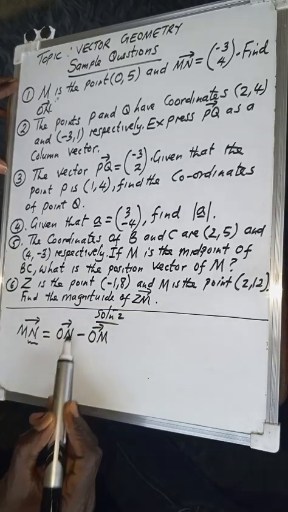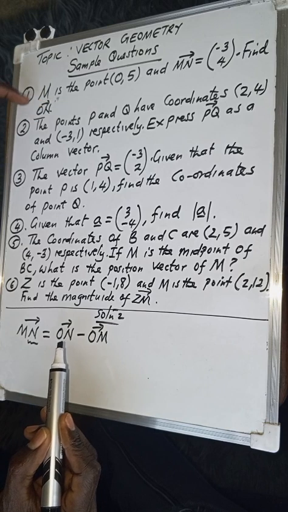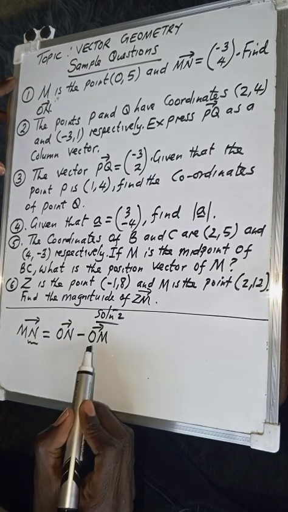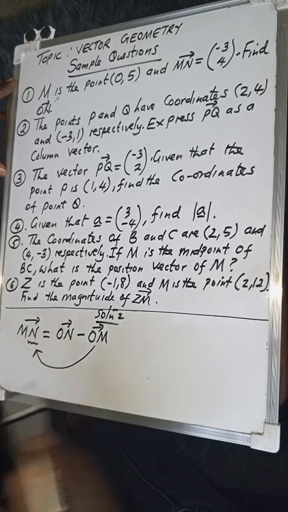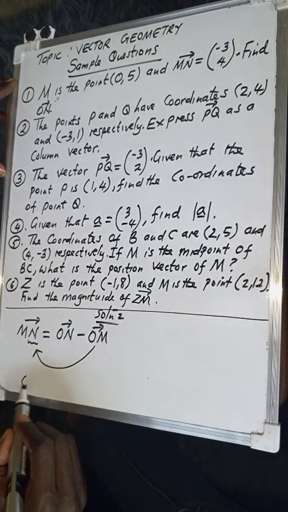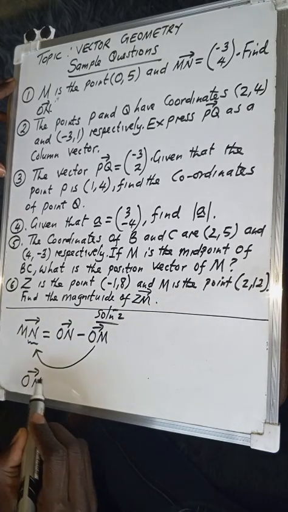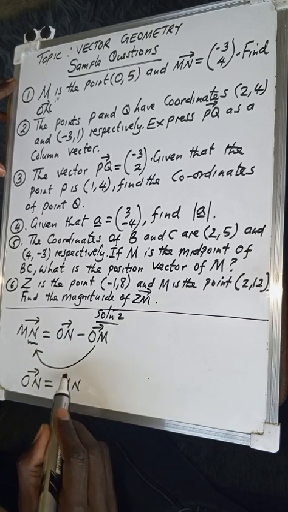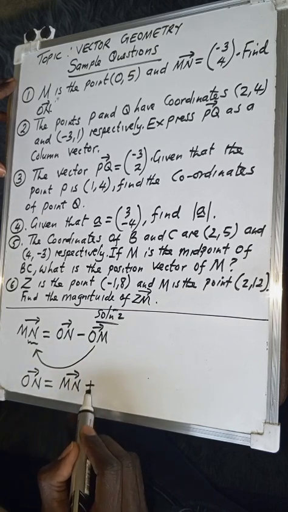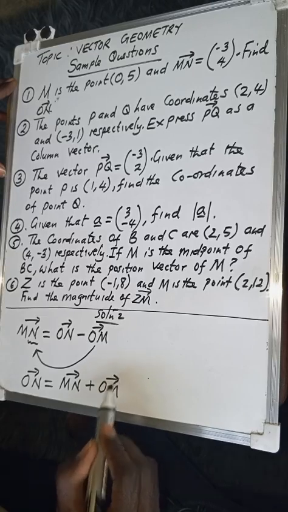So the question is saying we find ON. You can take this one to the other side. In simple terms, in order to find the vector O to N, it is going to be MN, the vector from M to N, plus OM. That's what we mean there.